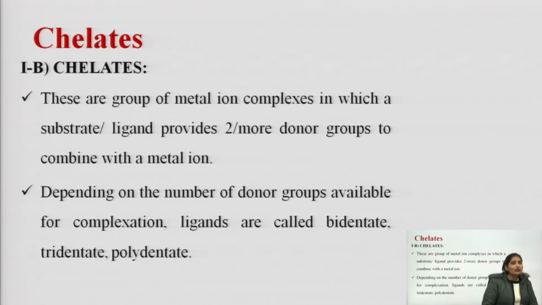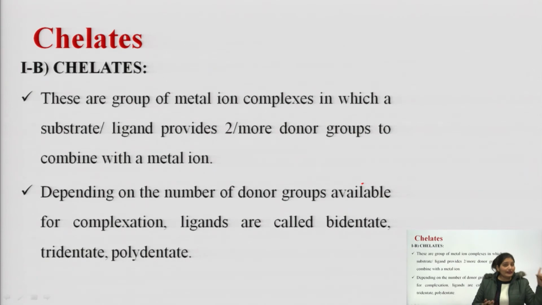Now, second type of metal complex is chelates. What do you mean by chelates? Chelates are the group of metal ion complexes in which a substrate or a ligand provides 2 or more donor groups to combine with the metal ion.